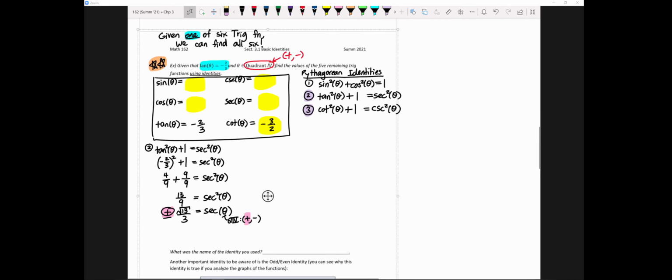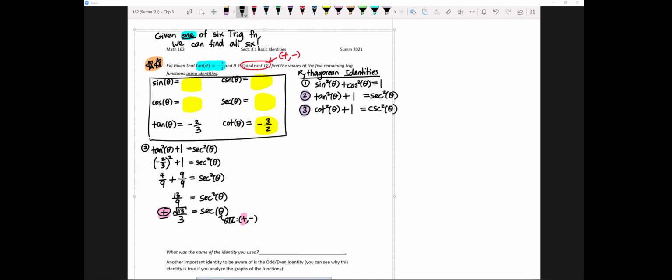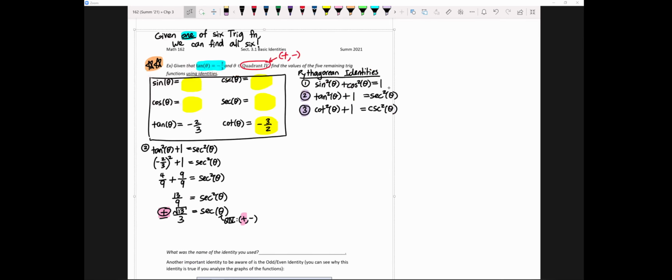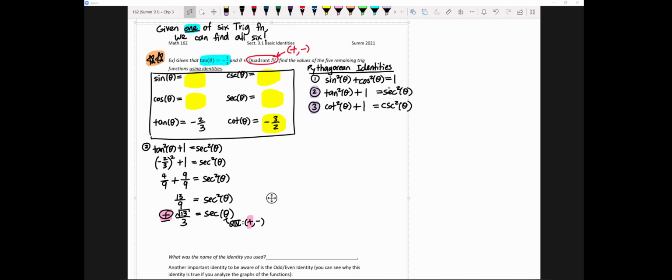Let's hear from Stephanie. Stephanie, check your mic. Can you hear me? Yes, so yes, we can. Now that we know secant is positive root 13/3, what's the next trig function we can get?